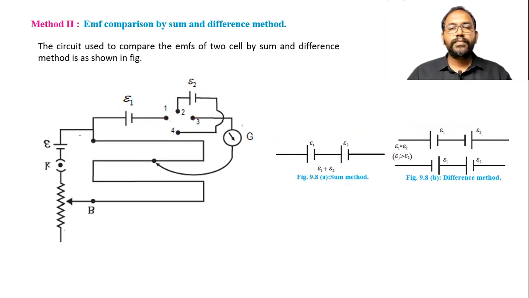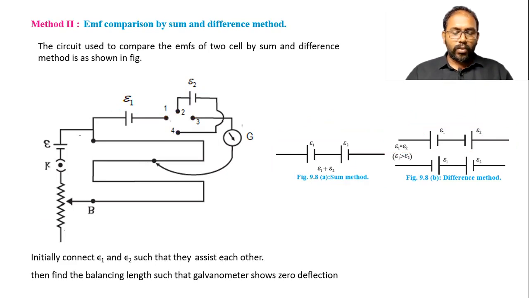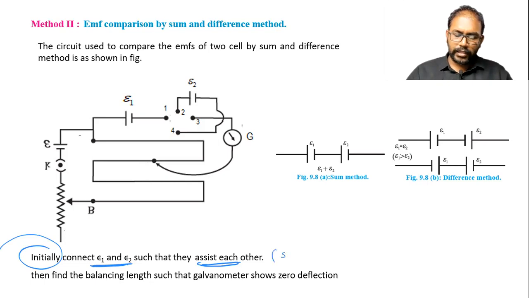Now let's see. Initially connect E1 and E2 in such a way that they assist each other. Assist means the sum arrangement. Sum arrangement means the negative of E1 is connected to the positive of E2, like in a dry cell battery, where both cells are connected in a sum arrangement.